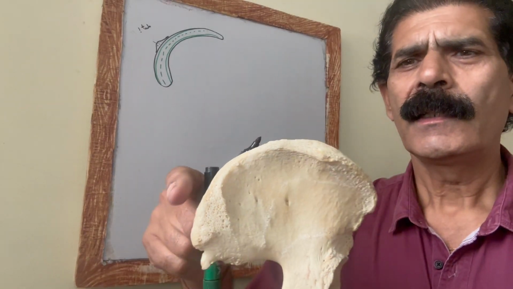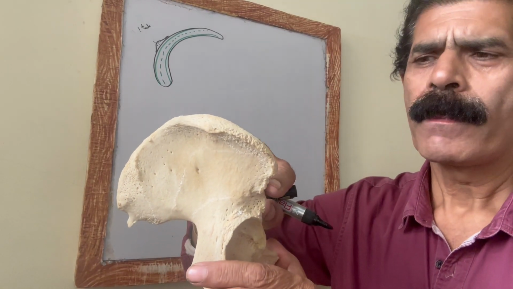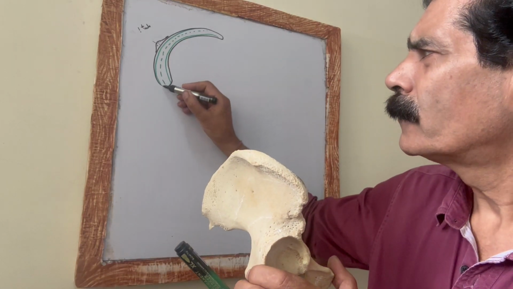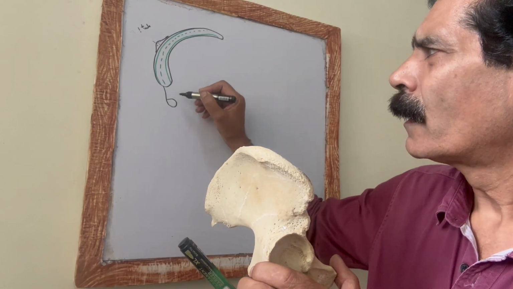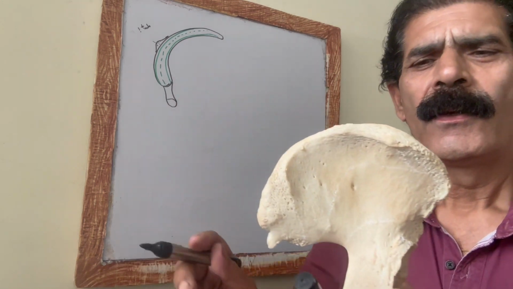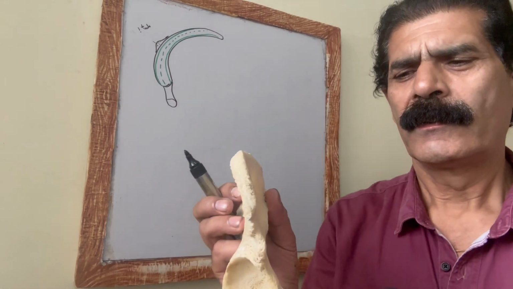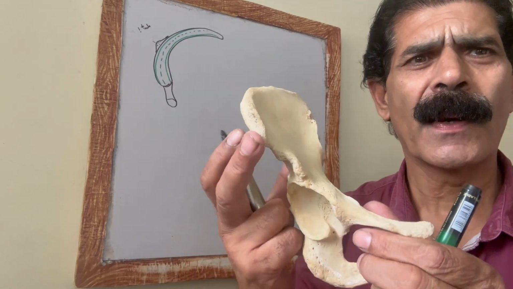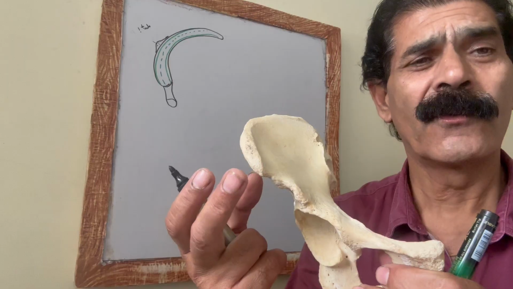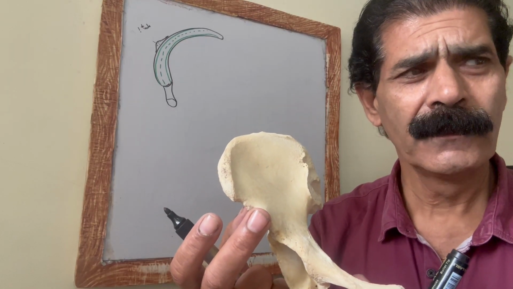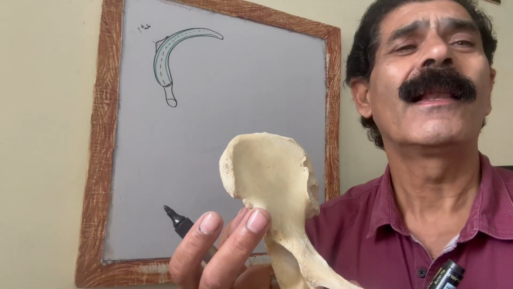So this iliac crest starts anteriorly from the anterior superior iliac spine, and then the anterior inferior iliac spine. So remember, at the anterior superior iliac spine there is one muscle, one ligament, and at the anterior inferior iliac spine also one muscle, one ligament.